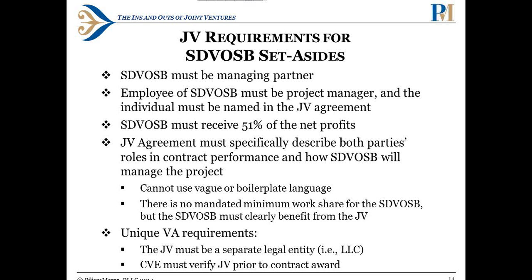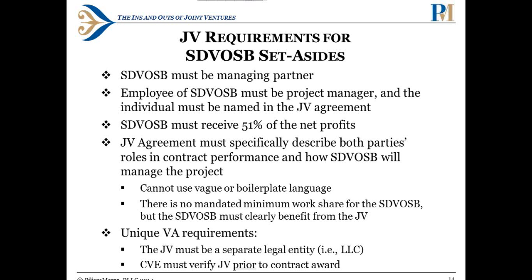And let me underline that last point, through the SBA, because that's a key distinction with the VA. The VA must verify your joint venture prior to contract award. That's one of the key distinctions between the VA requirements and the SBA requirements. And the other key distinction being that the VA requires your joint venture to be a separate legal entity.